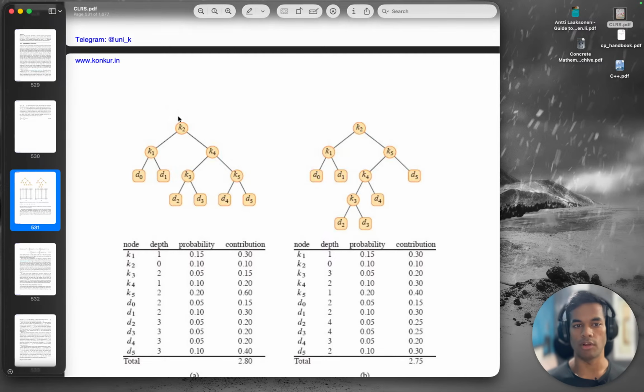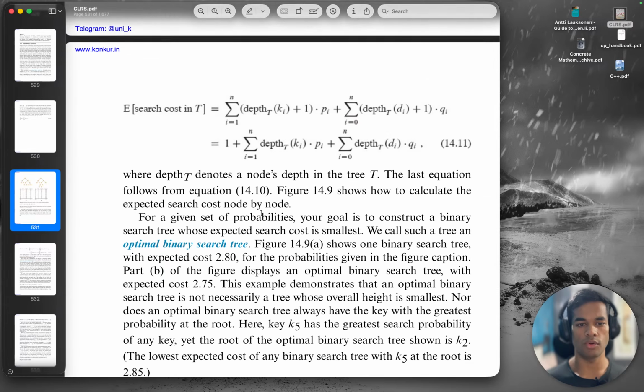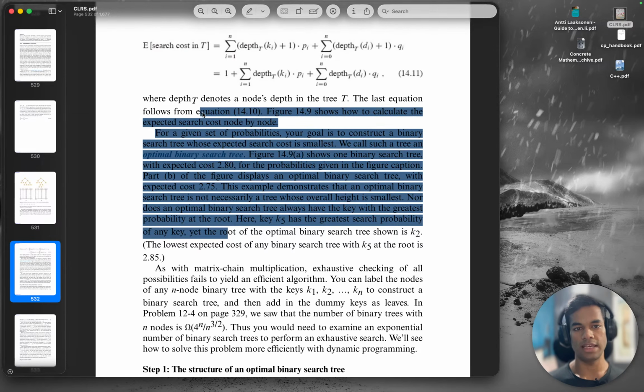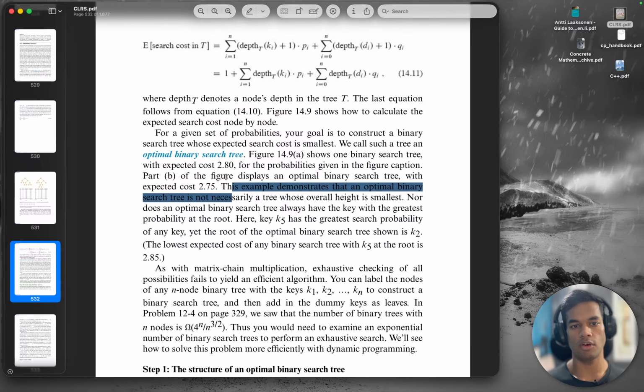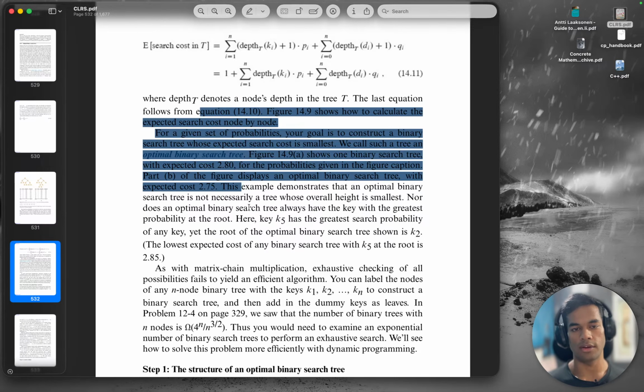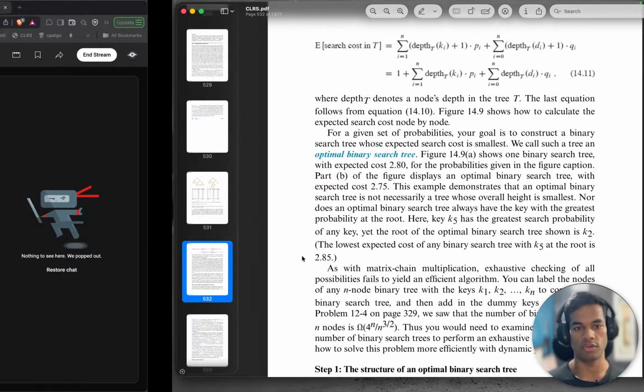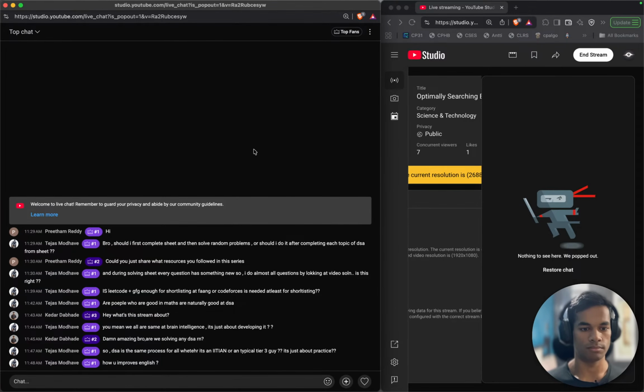Even though the time is log n, the constant factor would be reduced and it would be pretty good. So that is what we are calling our optimal binary search tree, where the keys that have higher frequency of being looked up, higher probability of being looked up, are closer to the root. So that is an optimal binary search tree, and that is what you will do.